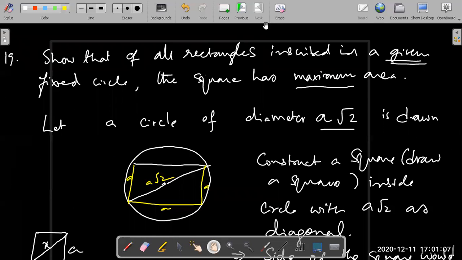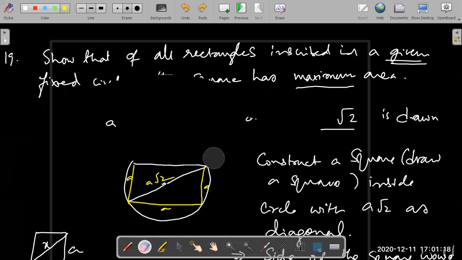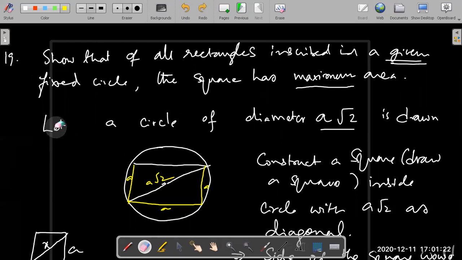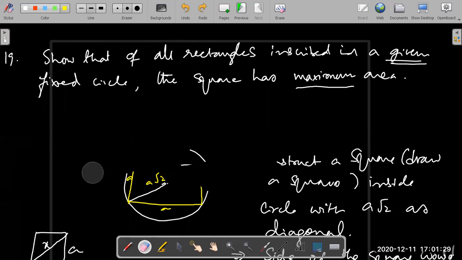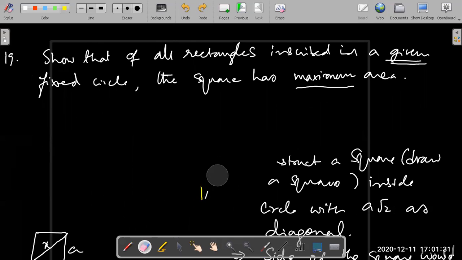So let me clear this stuff. We have to start as a rectangle, not as a square. So that means the entire thing has to be cut off. If you assume a square and I prove that it is a square, then there is no big deal.